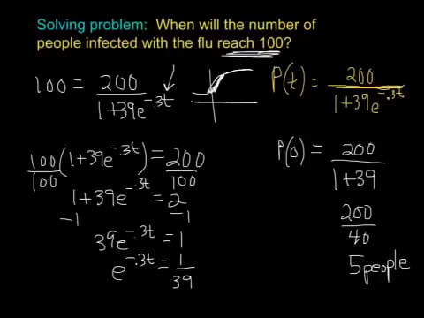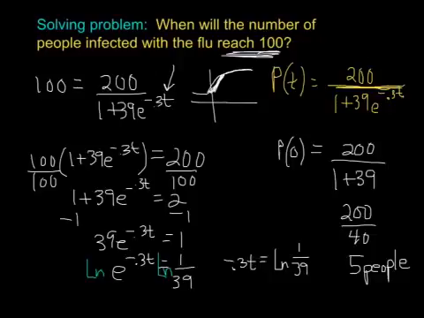Now the inverse operation for this exponential is the logarithm in the same base, so we will use natural log on both sides of the equation. That will maintain the equality. And ultimately then I have negative 0.3t equals whatever the natural log of 1/39 is.